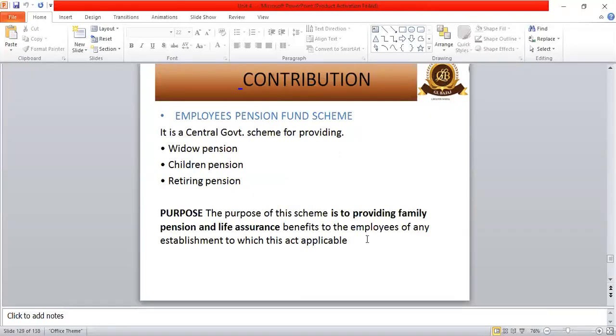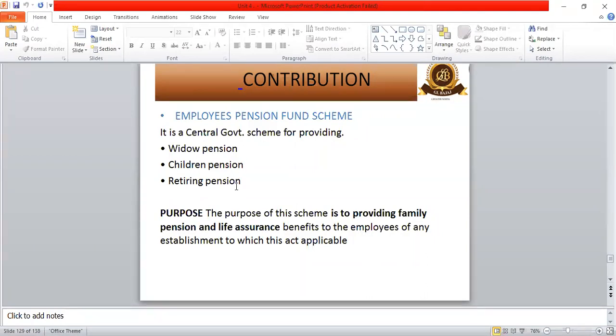Next, what are the different kinds of contributions and schemes? First is the Employee Provident Fund, which we were discussing. Second is the Employee Pension Fund scheme. It's a central government scheme which provides widow pension, children pension and retiring pension.